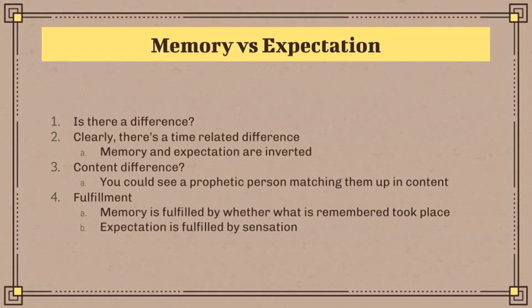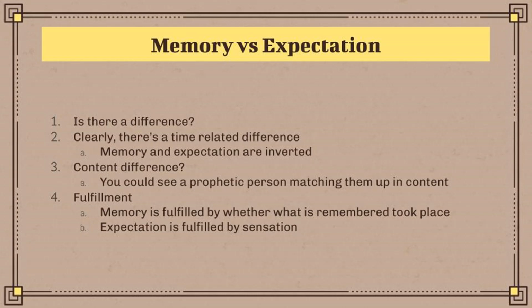Then we have memory versus expectation. Husserl is interested in distinguishing between my memory and what I expect to happen in the near future. Well, clearly there's a time-related difference. Memory and expectation are inverted, so one expects the future, one is about the past, so they both have an inverted relationship to the present moment.